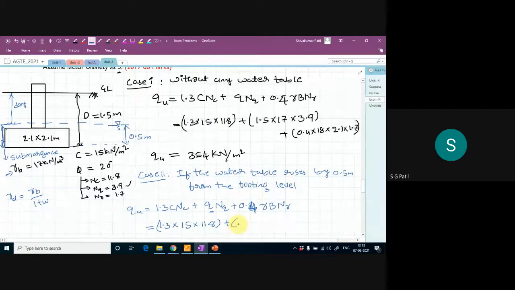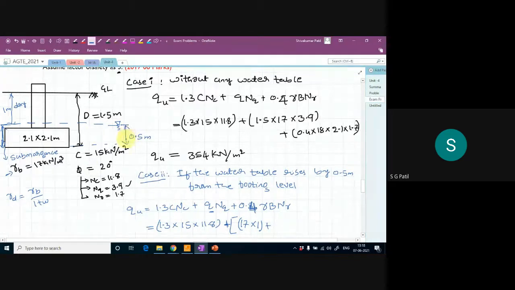So 17 into, see, this is 0.5, so this is how much depth? This is 1 meter depth, no? 17 into 1, plus, let me erase this, square bracket I will put here. 17 into 1 plus what?